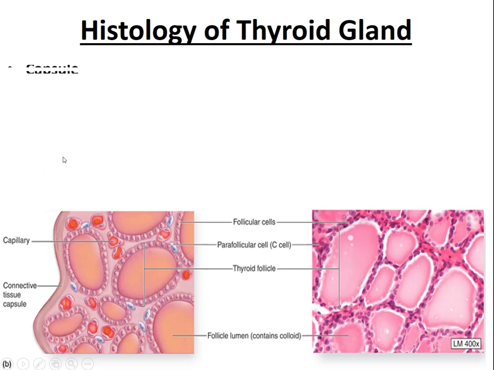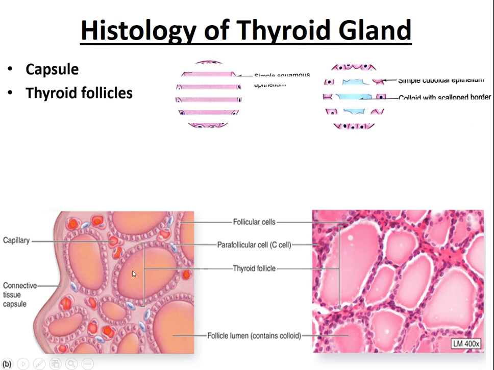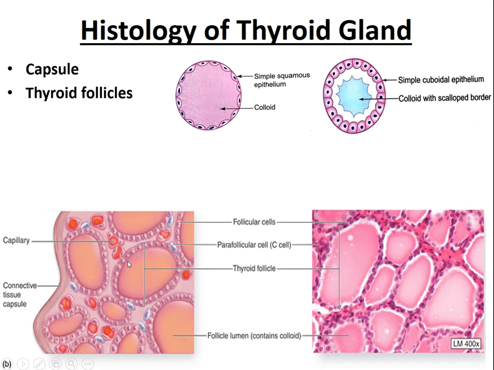Now something about the histology. It is surrounded by a capsule, which we have already seen, and the histology shows thyroid follicles, which have a different texture depending on activity. If it is in an active stage, more secretions come out, so it has simple columnar to simple cuboidal epithelium.